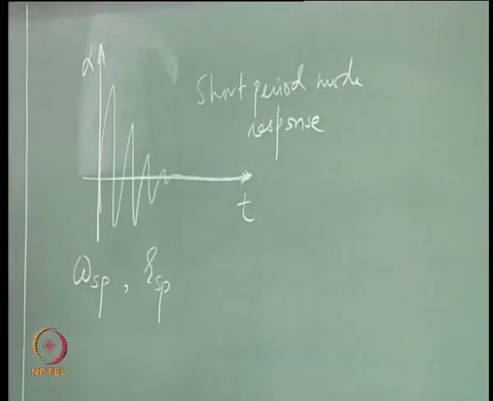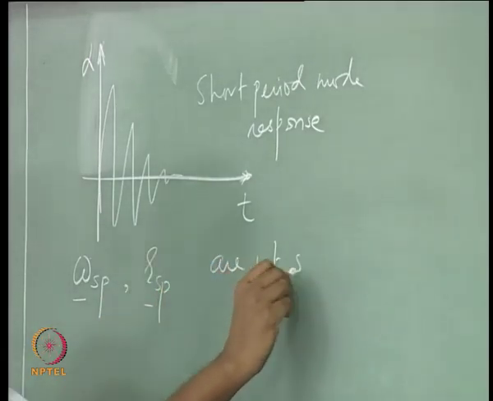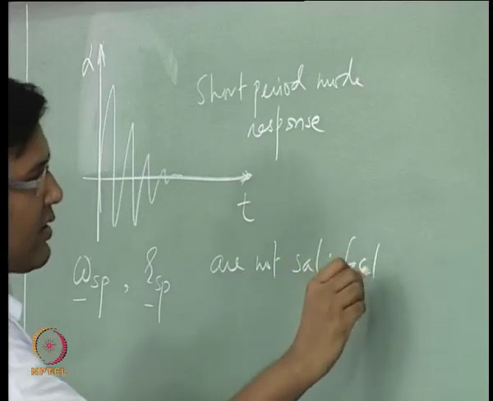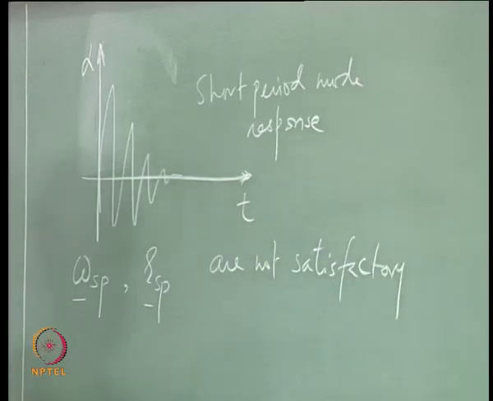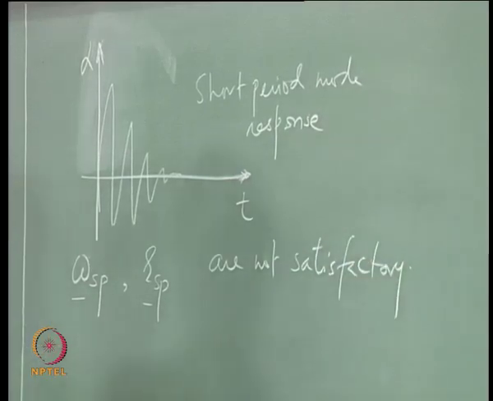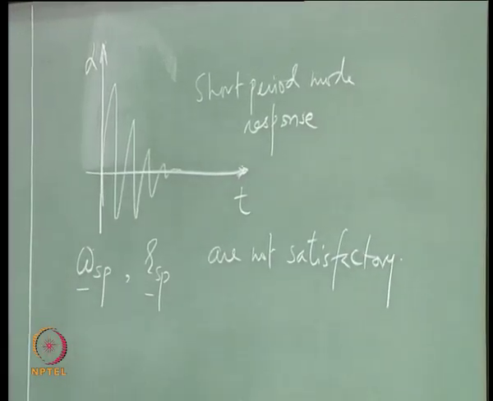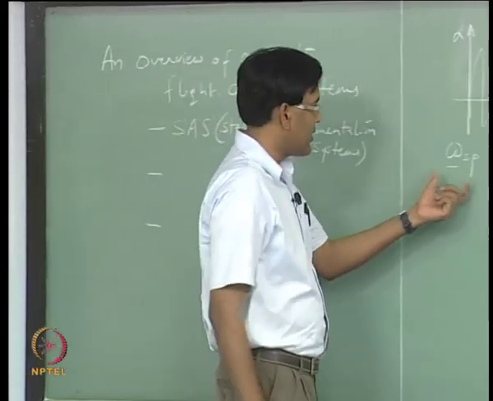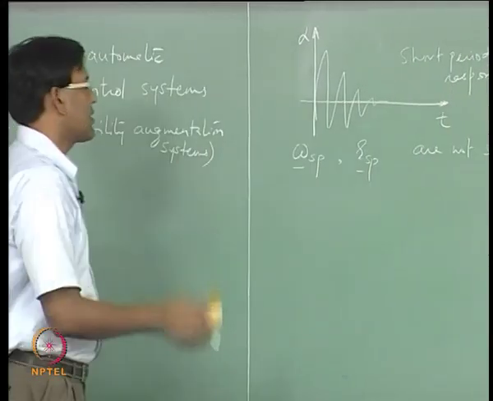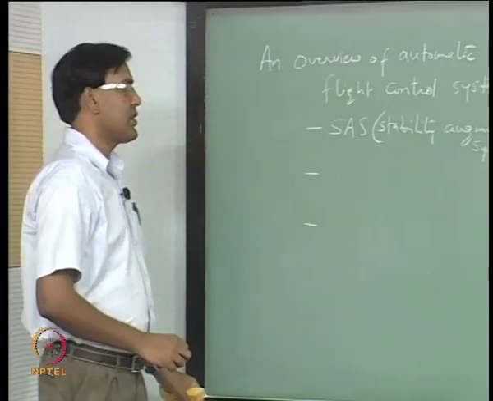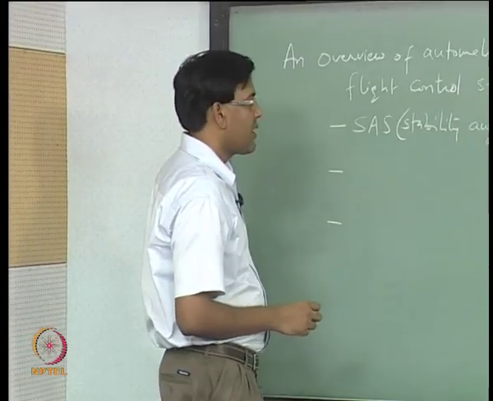And these are natural responses. So, the aircraft without control systems, the bare design, results in giving us these numbers. Let us say these numbers are not satisfactory. In such a case, we can use the stability augmentation system to change the frequency and the damping characteristics of the aircraft using a feedback mechanism.